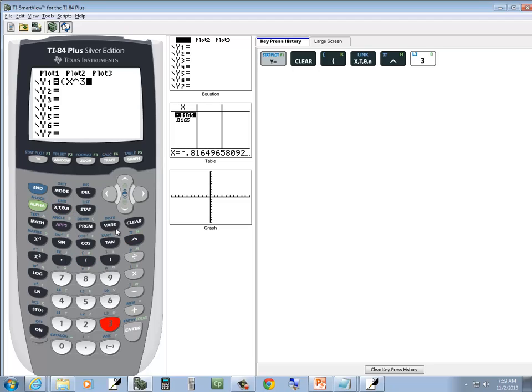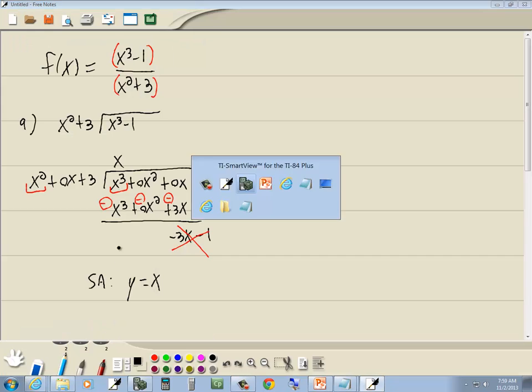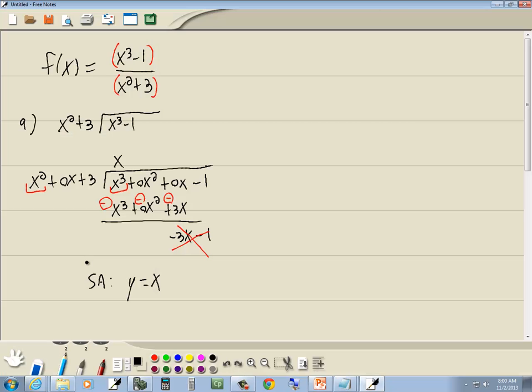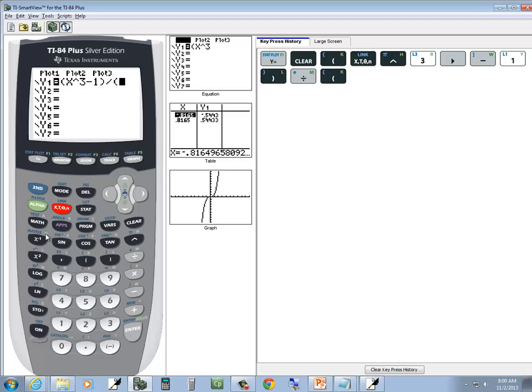If you got one of the newer TI-84s, you'll have to do a right arrow key to get out of exponent mode. Minus 1. Close parentheses, divided by beginning parentheses x squared plus 3. And then close parentheses. And then graph.